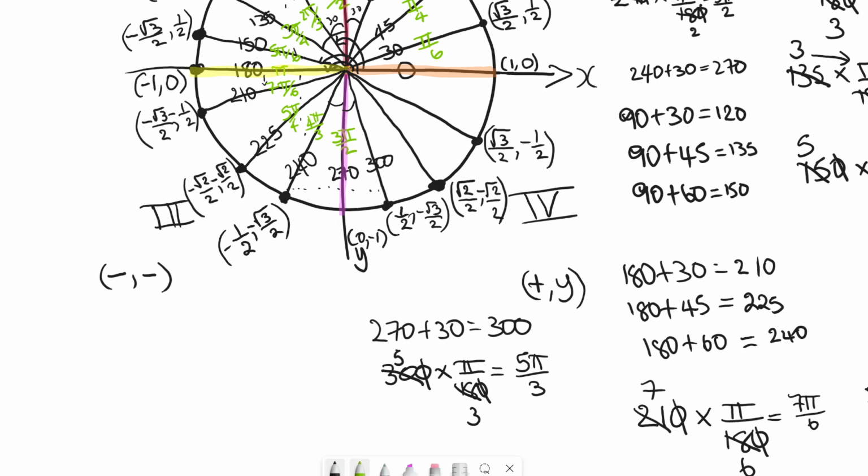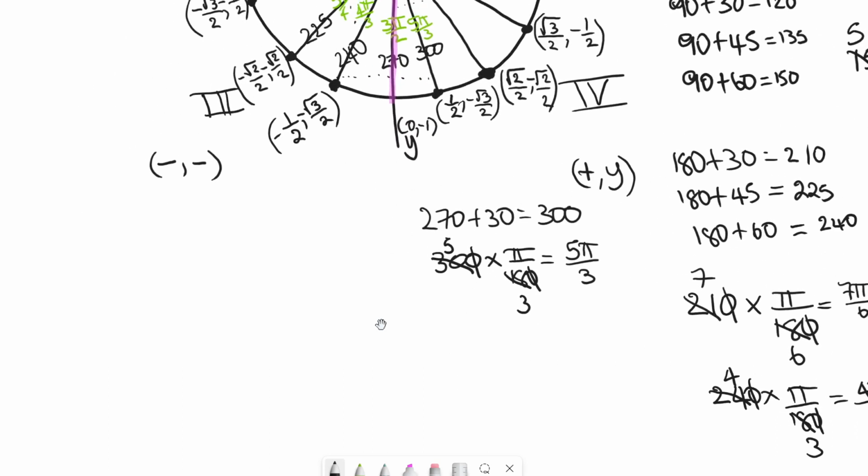So let's plug that in. Okay, now remember the middle corresponds to a 45, so we're going to be 270 plus 45. That's going to give us 315.